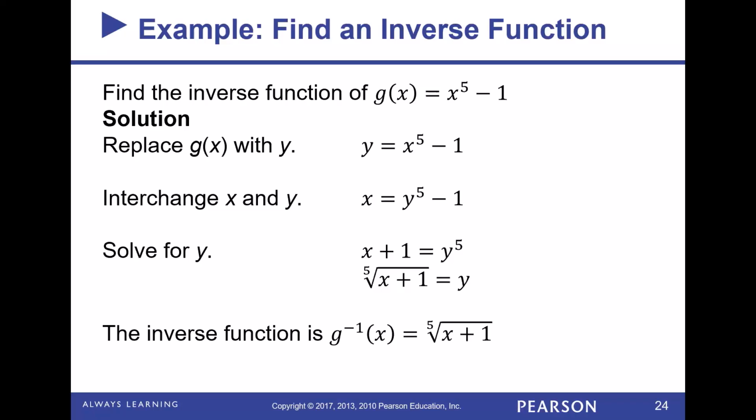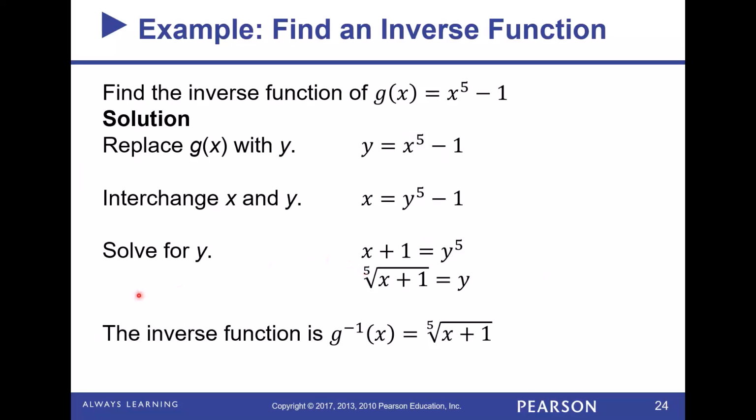Now, I've already done this one here, and I've put in my beautiful solving. But what I wanted to bring to your attention, where a lot of people kind of forget a little bit here, is I had a power of 5, and that power of 5 stayed on the y value, right? So when I get to the point where I've solved out for y, y still has the 5th power on it. Well, the opposite of a 5th power is a 5th root.